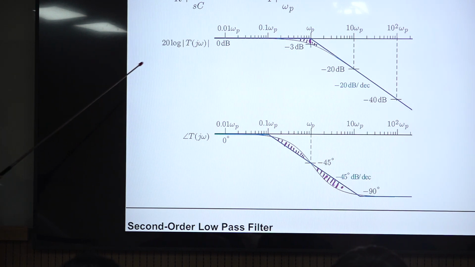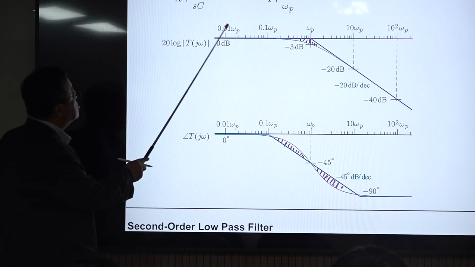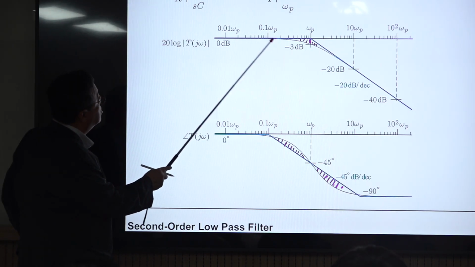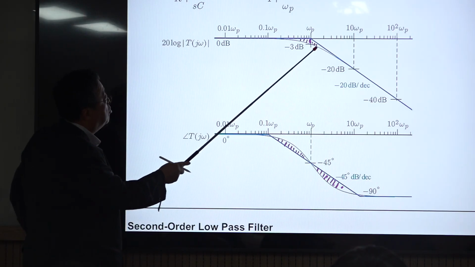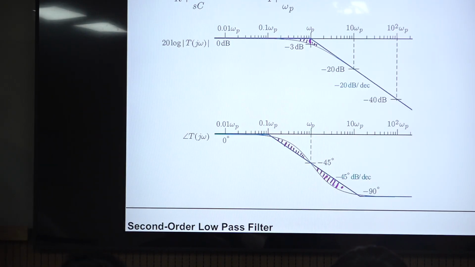And this is linear, this is log scale, so 10 times increase. No, this is linear scale, 10 times, 10 times, 10 times, something like that. But inside of this is log scale. This is 1, 2, 3, 4, 5, like this.